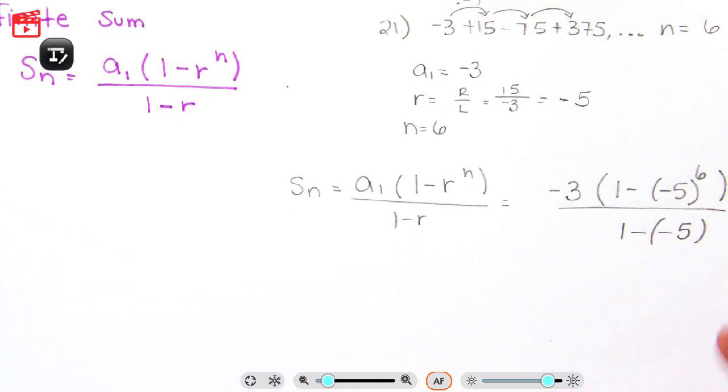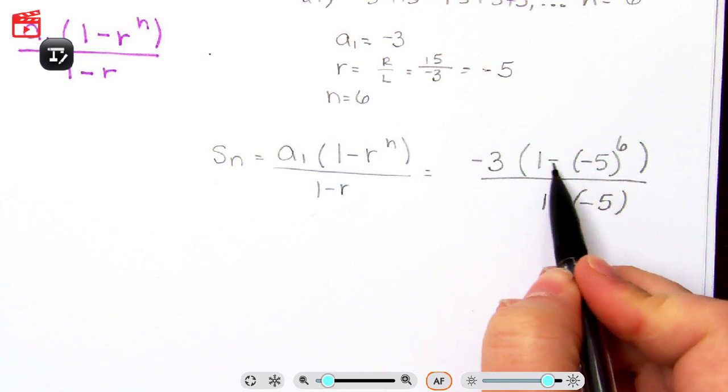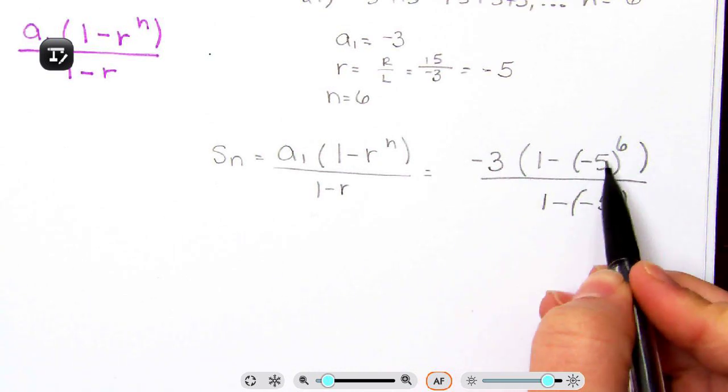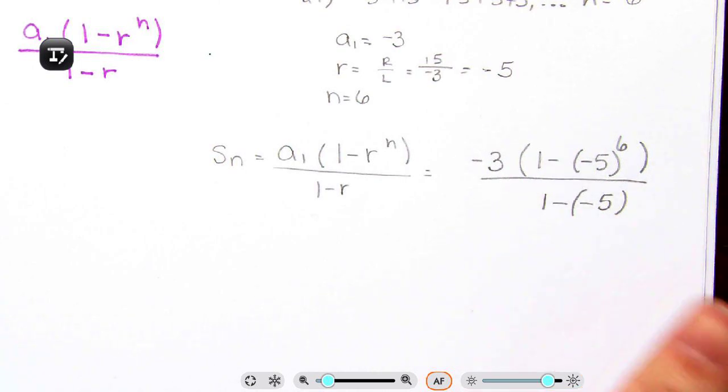Now I can't stress enough how important negatives are here. PEMDAS is super duper important. Make sure you know your order of operations. Do not combine these first unless you take care of your exponent. Take care of your exponent, then deal with everything else.